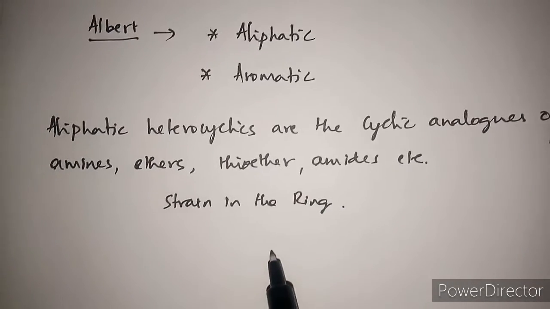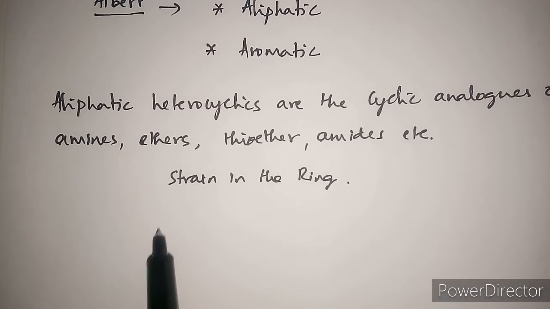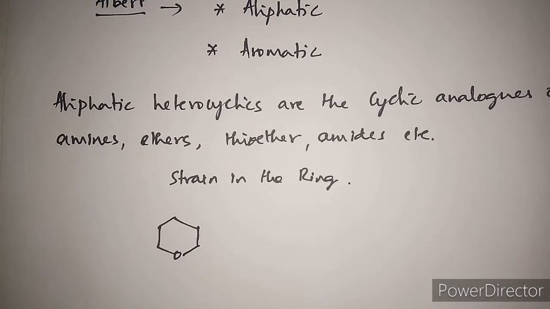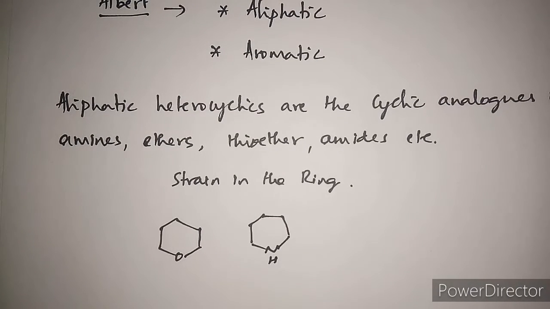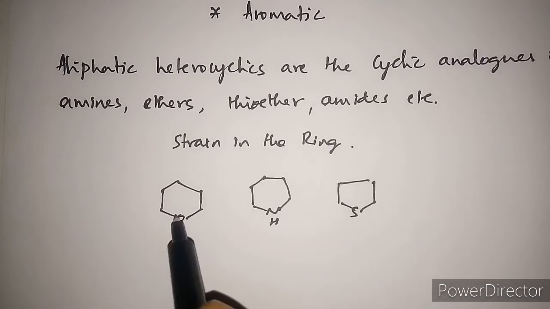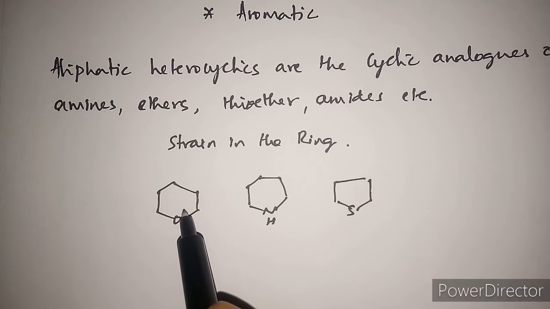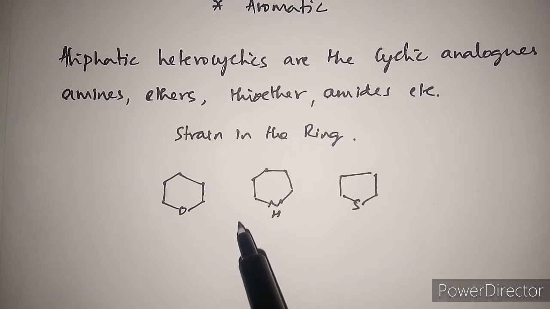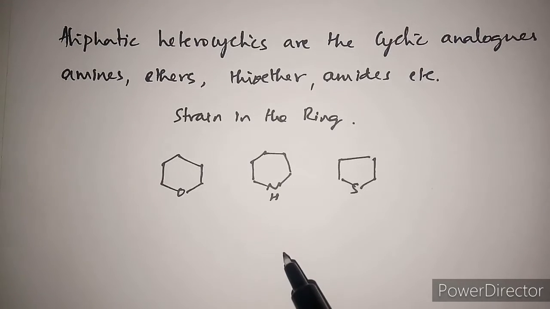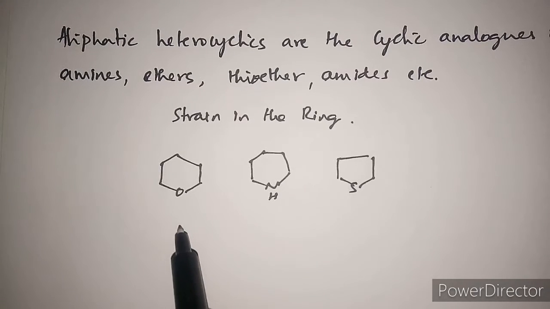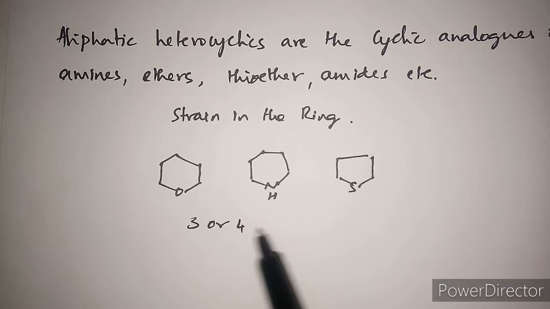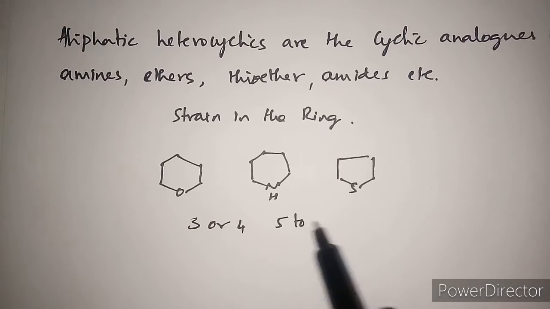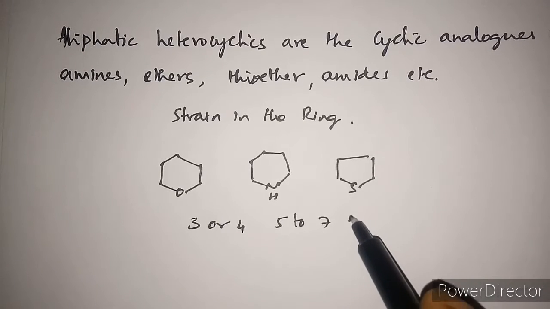Examples: cyclic analogues of ether, cyclic analogues of amines, thioether. Whatever strain is created within the ring will influence the properties of the aliphatic heterocyclic system. These compounds generally consist of 3- or 4-membered, or 5- to 7-membered ring systems.